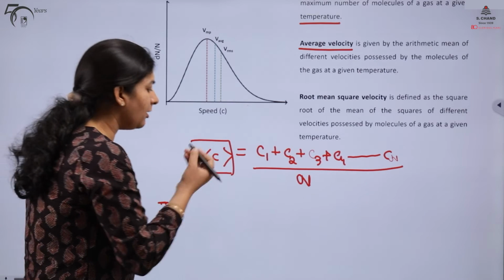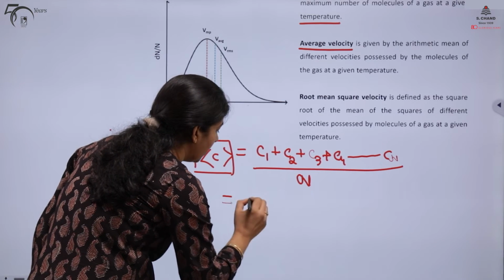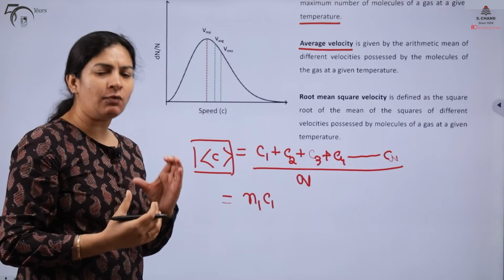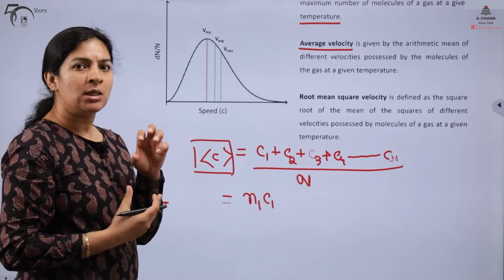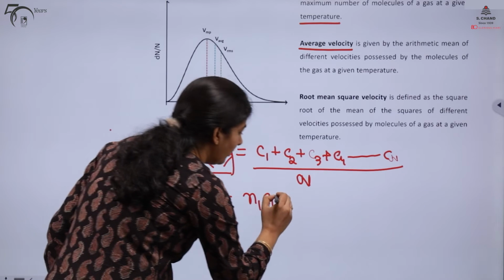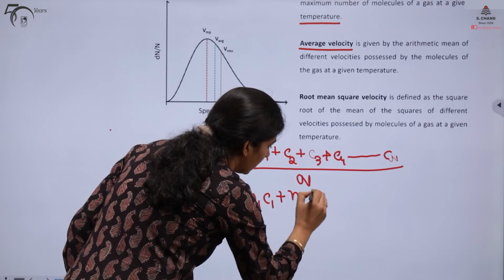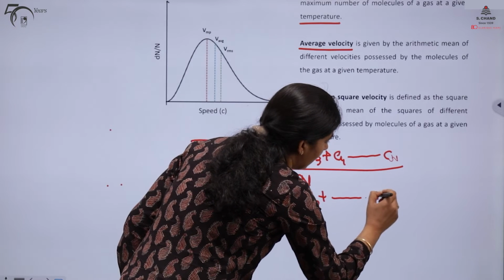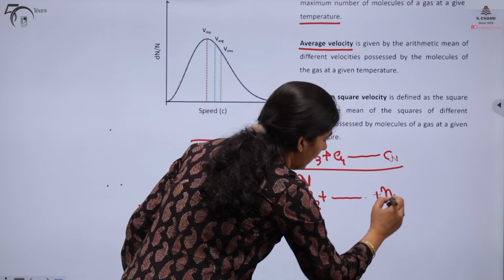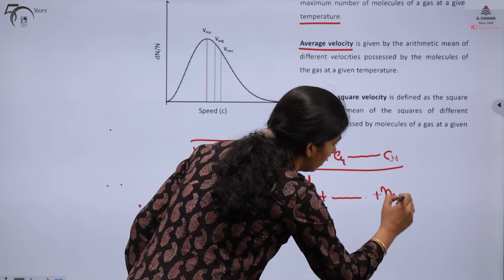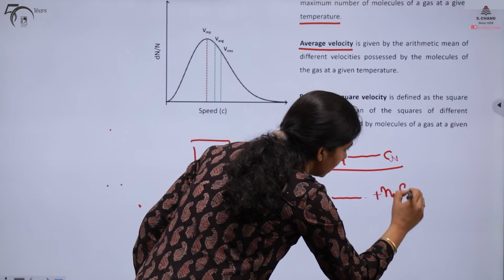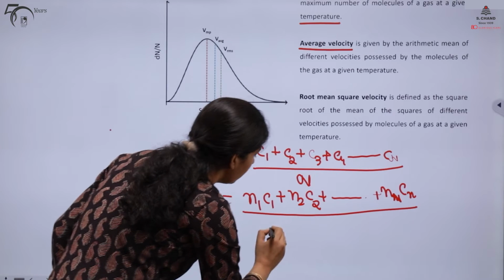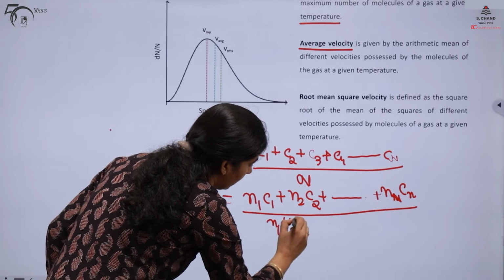We may define it alternatively: if we have n1 number of molecules having velocity c1, n2 number of molecules having velocity c2, and so on, up to n molecules having velocity Cn, and take their average again.